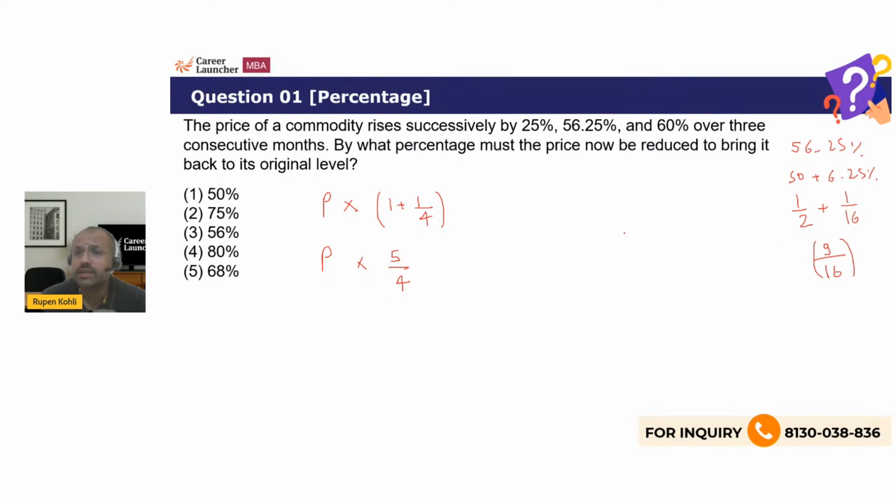So it gets multiplied with a factor of 1 plus 9 by 16, or 25 by 16. Perfect. Then comes 60%, which is obviously very simple, 3 by 5. So 1 plus 3 by 5 times, so it becomes 8 by 5 times.